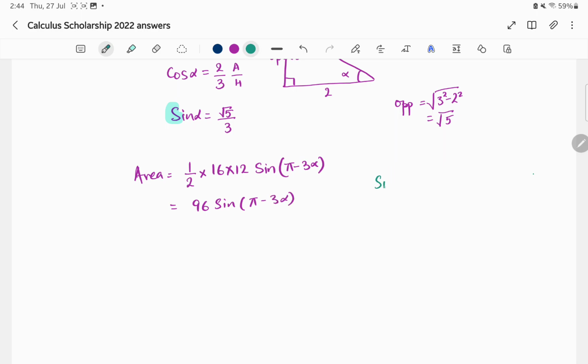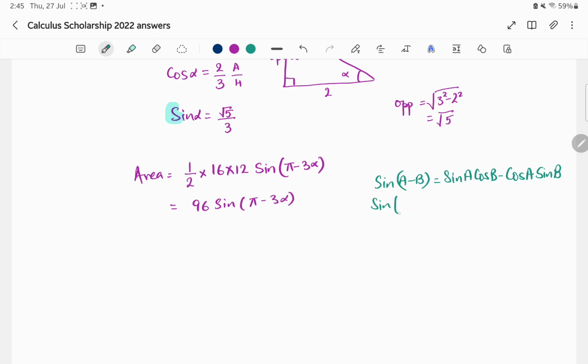Again, I'm going to use sine A plus B, but instead of plus, this is minus. So sine A minus B is sine A cos B minus cos A sine B. All right.